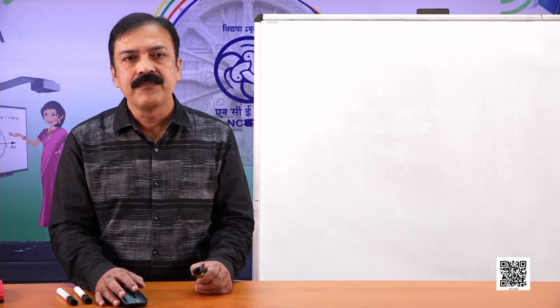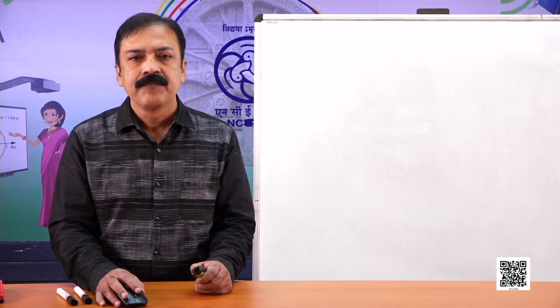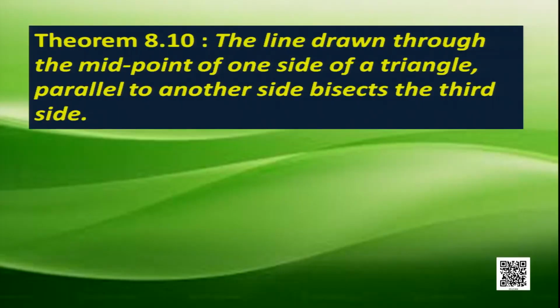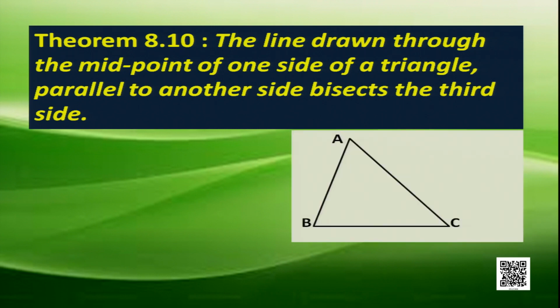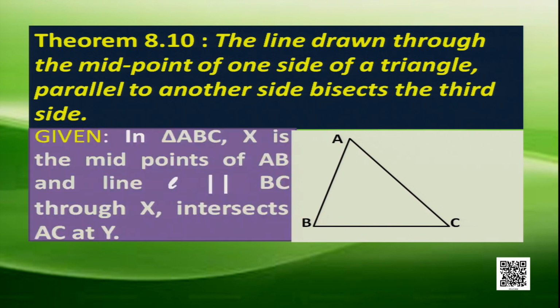Then what is the converse of this midpoint theorem? The converse of this midpoint theorem states that the line drawn through the midpoint of one side of a triangle parallel to another side bisects the third side. That means, in this figure, in triangle ABC, X is the midpoint of AB and a line L is drawn through X which is parallel to BC.